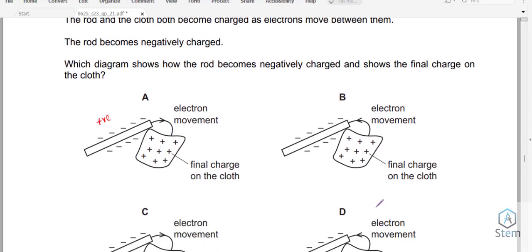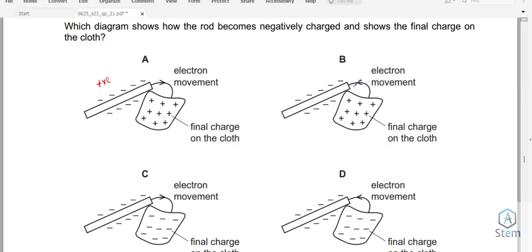And B is giving us just that. So B, electrons are going to the rod and the rod becomes negatively charged. C and D, these two are just outright wrong.